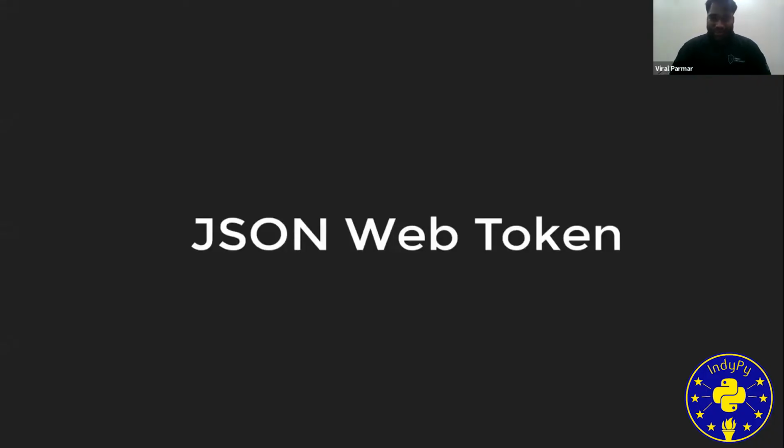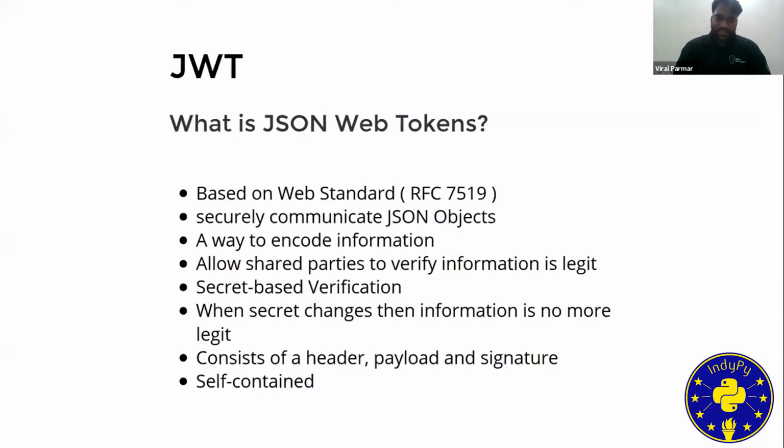Let's talk about JSON Web Token, which is the focus here today. I'll be using JSON Web Tokens with serverless and authenticating Django with that. What is JWT, or JSON Web Token?